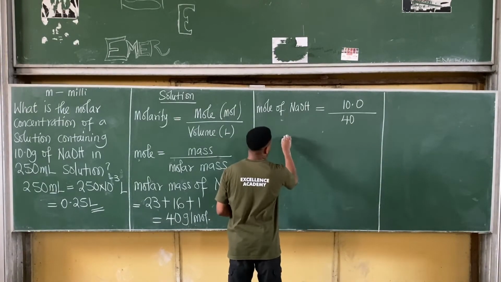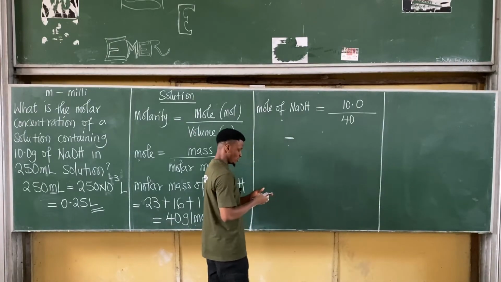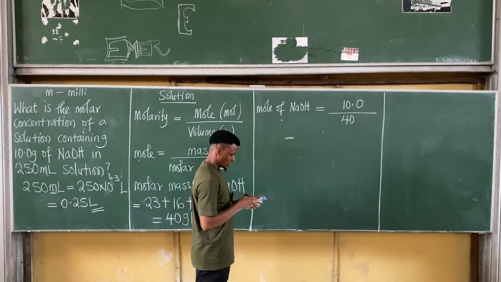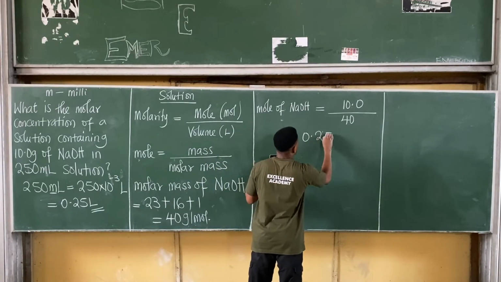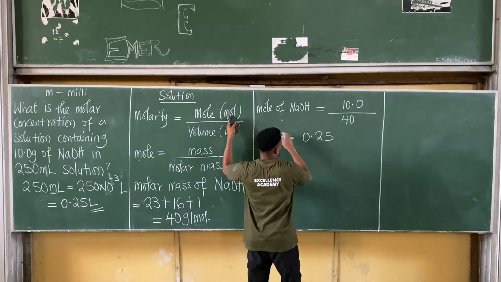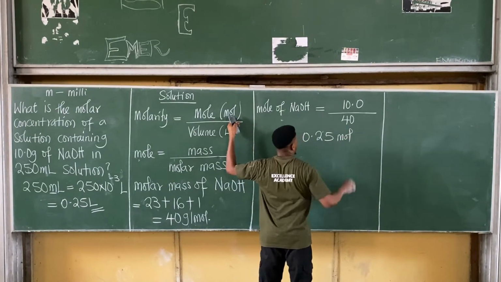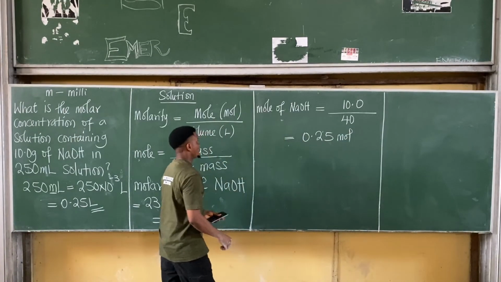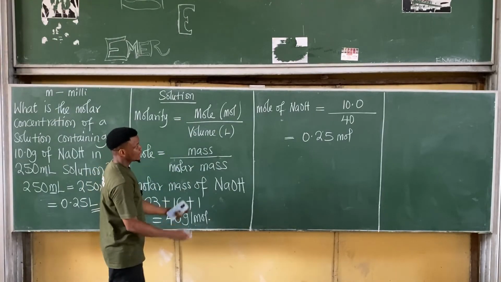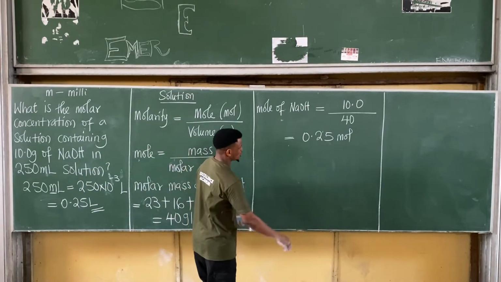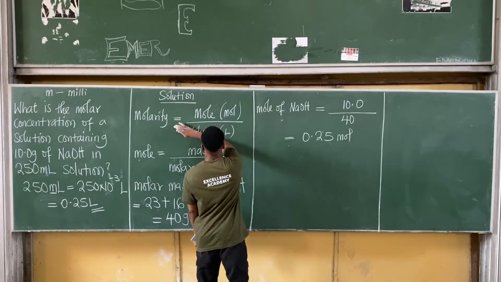If I do this ratio, the mole is equal to 0.25. The mole is measured in mol. We've now gotten the mole. Also, we've gotten the volume of the solution. That means we can now find molarity.